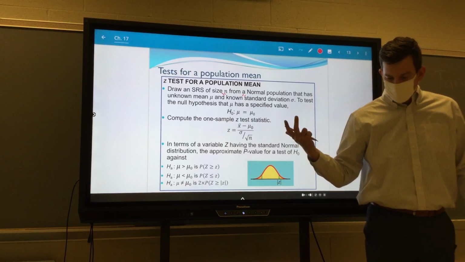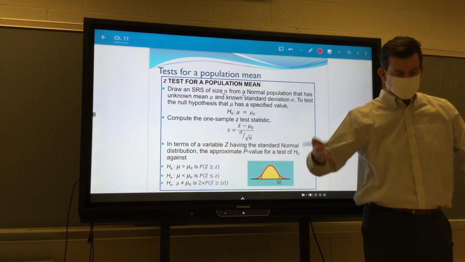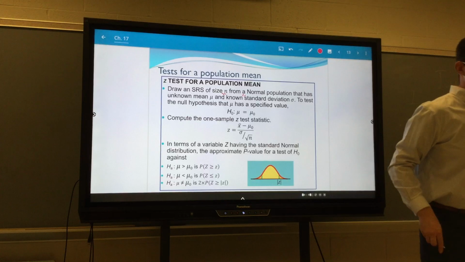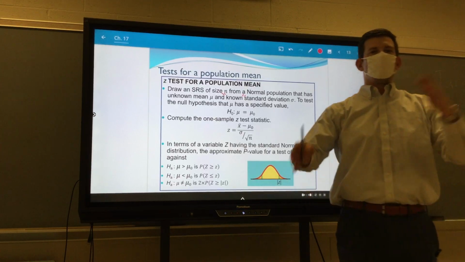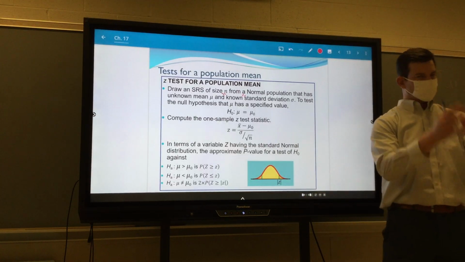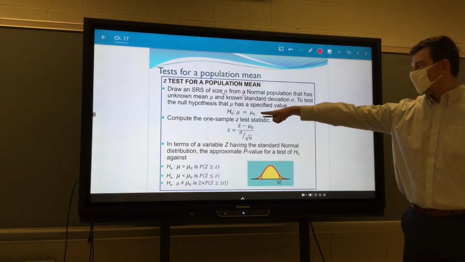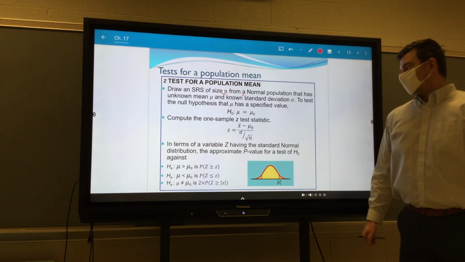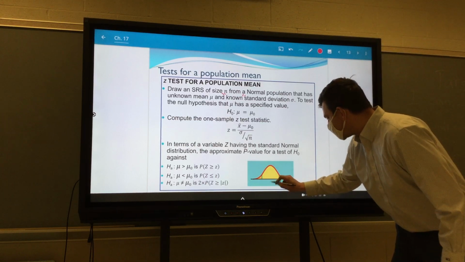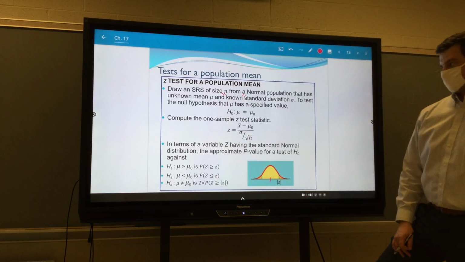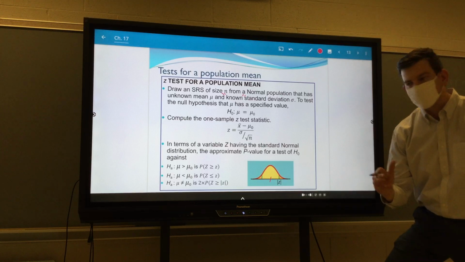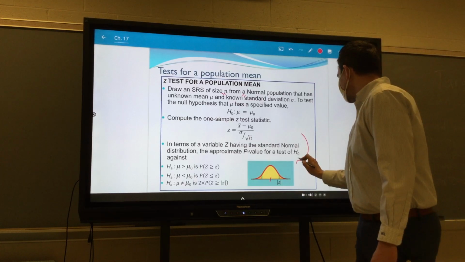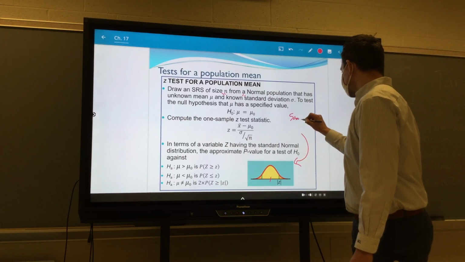Our other example, the machine-paced or self-paced assembly: there was no difference in preferences, so it was 0. It's whatever predefined number. Now, that goes smack dab at the center of our normal distribution. We're taking samples. This is a sampling distribution.